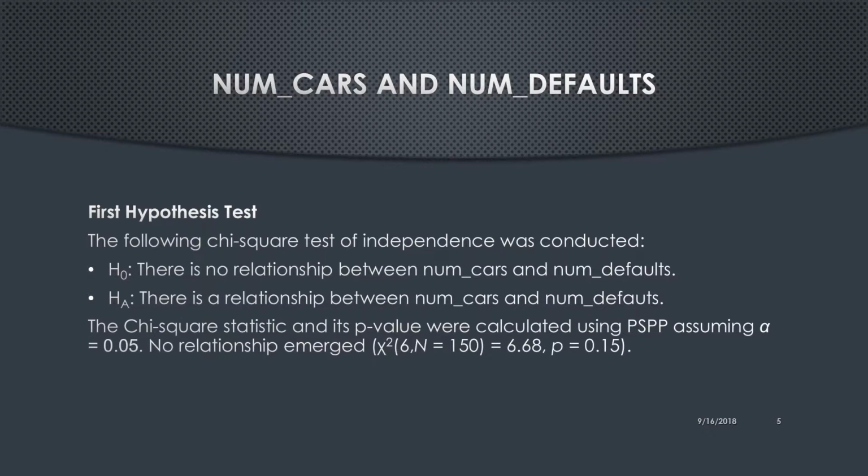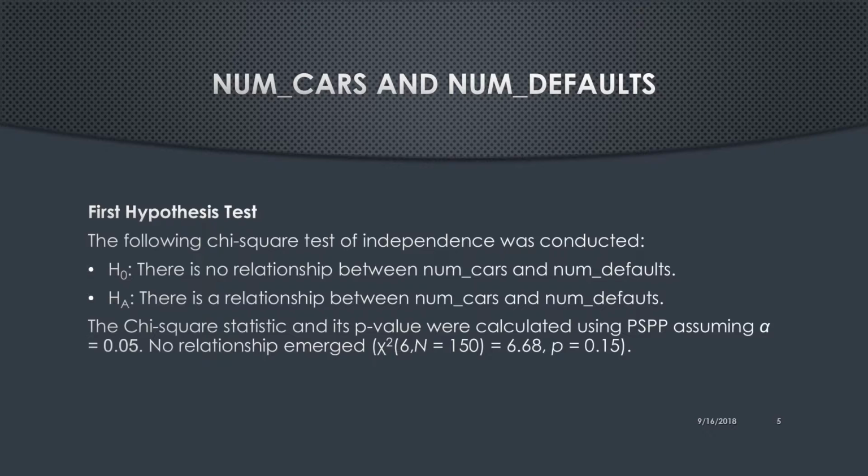Here's our first hypothesis test. The following chi-square test of independence was conducted for the number of cars and the number of defaults. Our null hypothesis states there is no relationship between the number of cars and the number of defaults. Our alternative hypothesis states there is a relationship between the number of cars and the number of defaults.